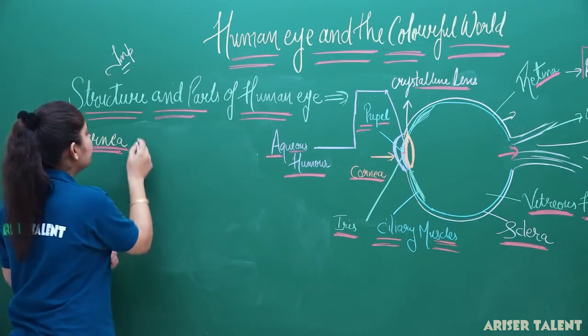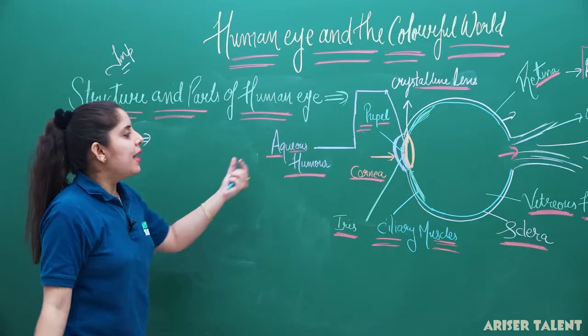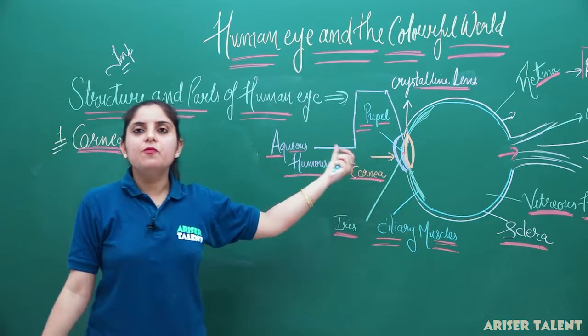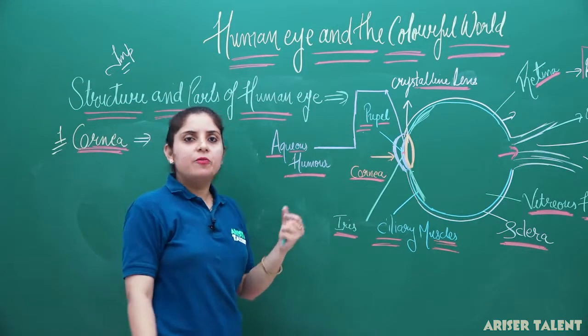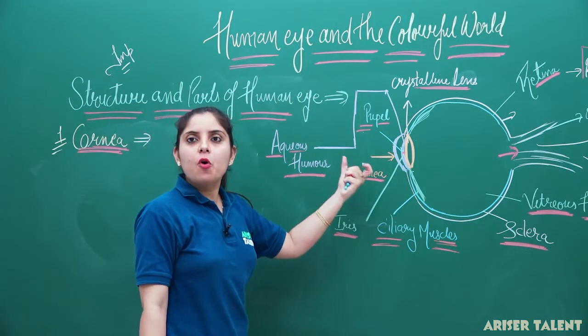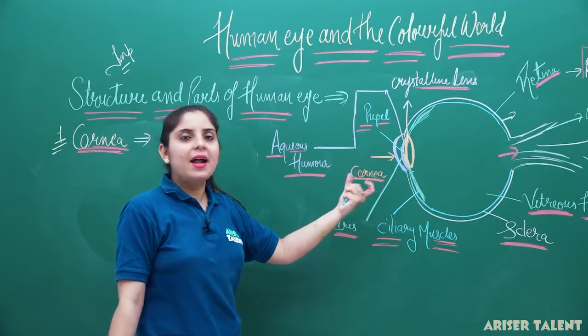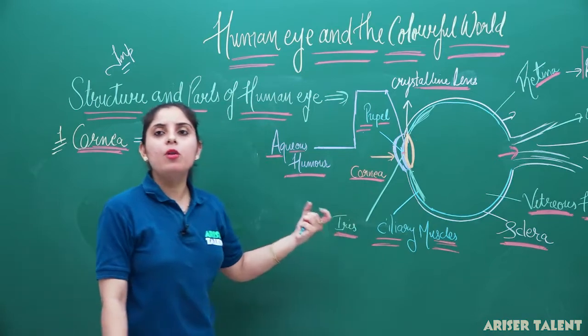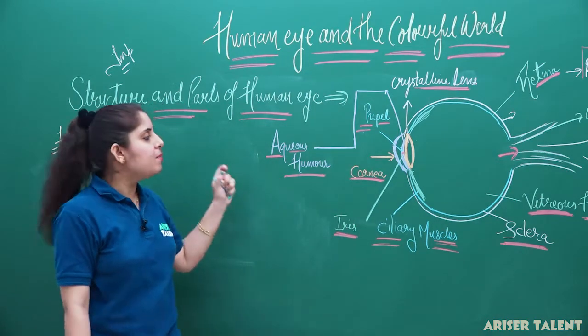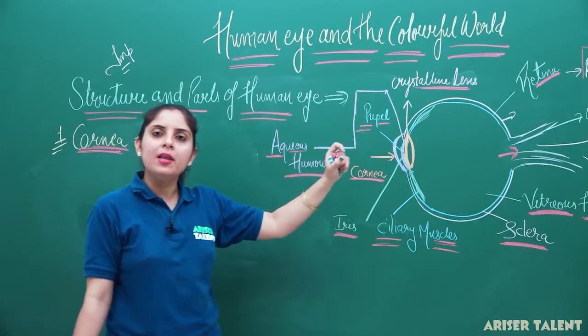Now, what is the cornea actually doing? The light rays first fall on that part. It means 90% of the light is going to be refracted by this part only. So the cornea is a bulging part outside the eyeball where the refraction takes place and the maximum amount of light is going to fall on that part.